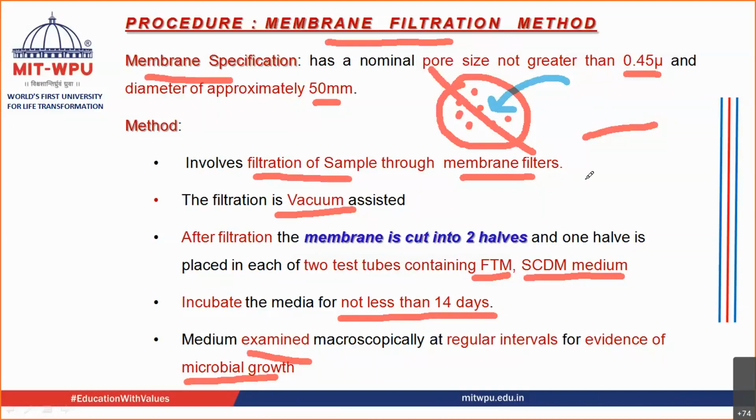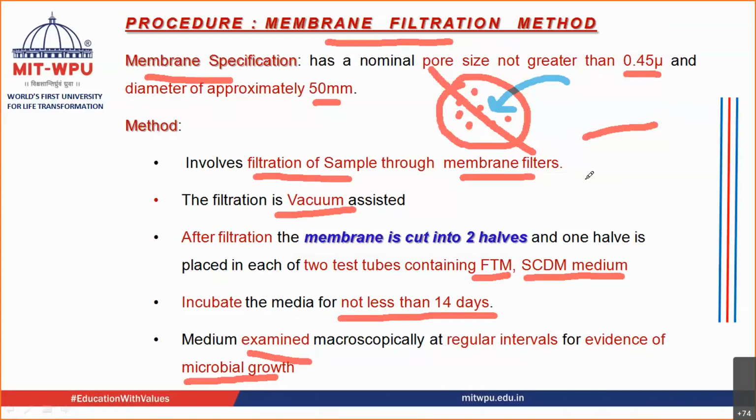Now you are testing whether the product which I was intending to make sterile is now sterile or not. For that, you have taken a membrane filter. The number of samples which are given in IP, you have filtered through it. Then you have cut it into two halves.